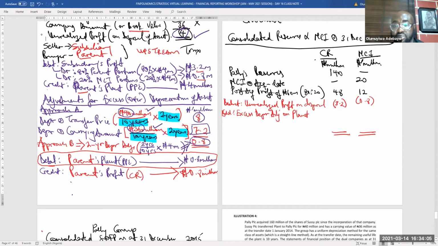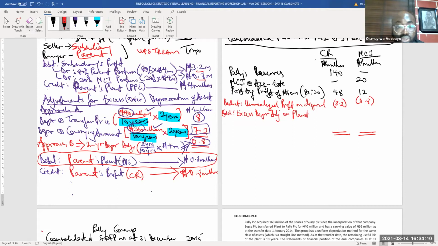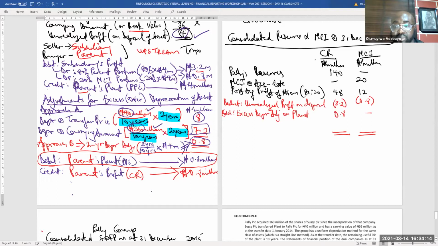Therefore, our total figure changes, because this 0.8 is only to increase the parent, because it's the parent that has suffered excess depreciation. Therefore, what do we have? 140 plus 48 minus 3.2 plus 0.8.